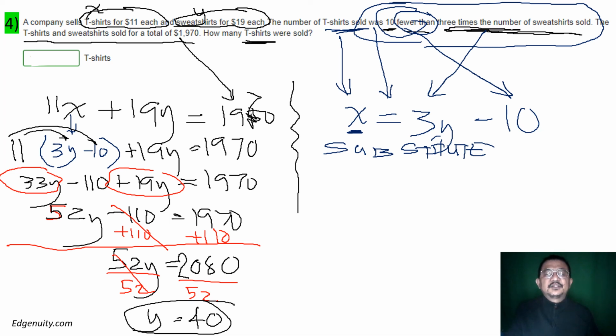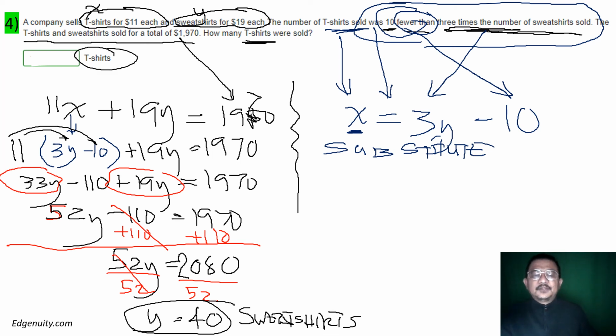40, is that the t-shirts or sweatshirts? Y represents sweatshirts. But we don't need sweatshirts, we need t-shirts. Okay, so how do I do that? Use any equation. So look at this. This is an easy equation. I will use this.